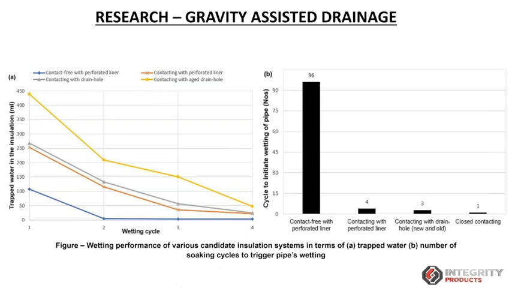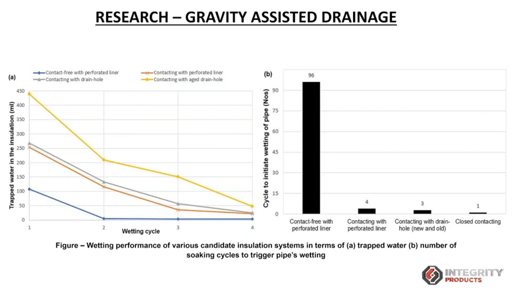We measured the volume of water that came out, and we tried to see how much water is being trapped in the system, because trapped moisture is a concern. In graph A, we can see that the blue line, the lower line, shows 100 ml out of 800 ml being trapped in the very first cycle.